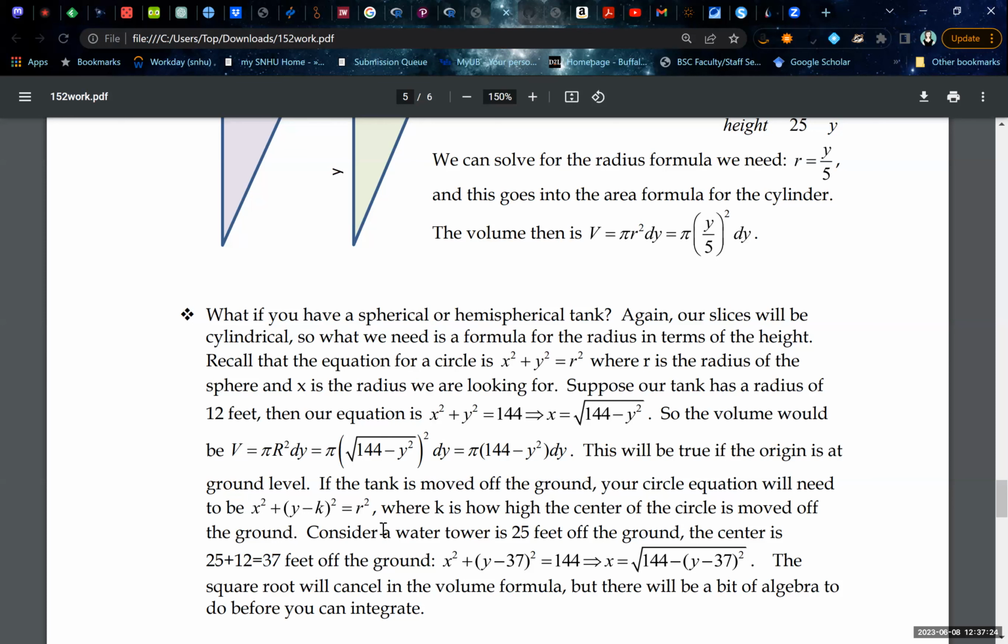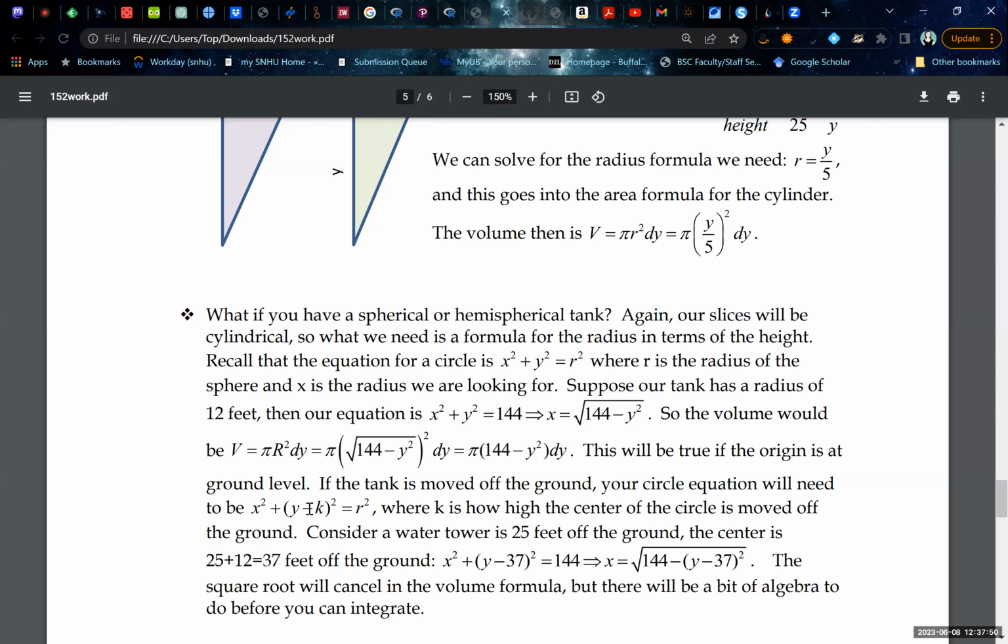Now, if your circle is positioned at some point other than, let's say, the center at ground level, maybe it's off the ground, then you can adjust your y value. Again, the x value is relative to wherever the center of the tank is.